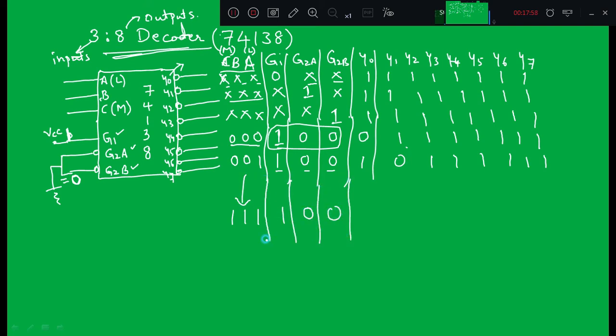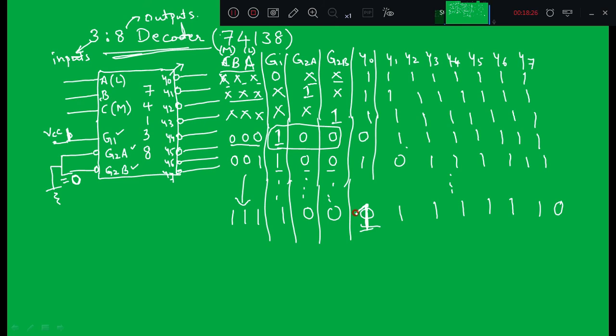Only the CBA values will change from 0 0 0 to 1 1 1, and accordingly the output will change. For the last combination, Y7 will become 0 and the others will be 1, right? So this is the second commercially available decoder.